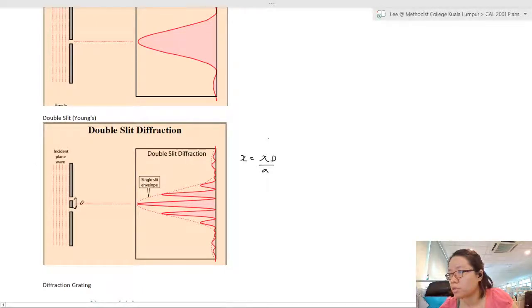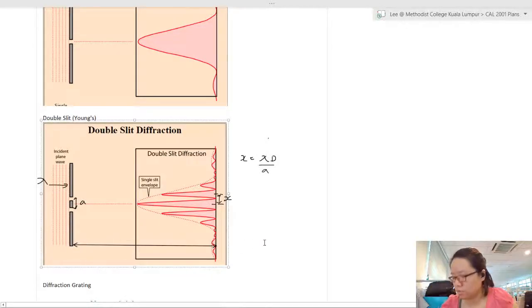Here to here is your a. Bright fringe to bright fringe, here to here is your x. Lambda is the wavelength of the wave that is incident, and D is the separation between the screen and the slit.